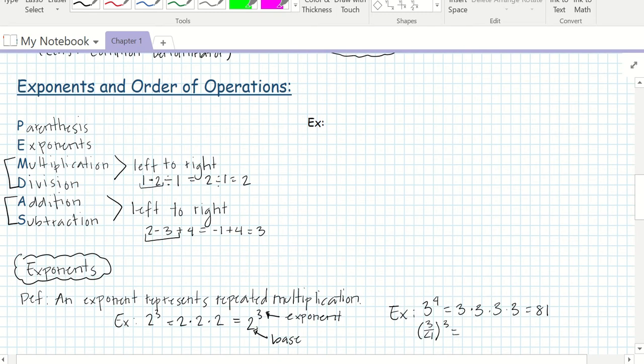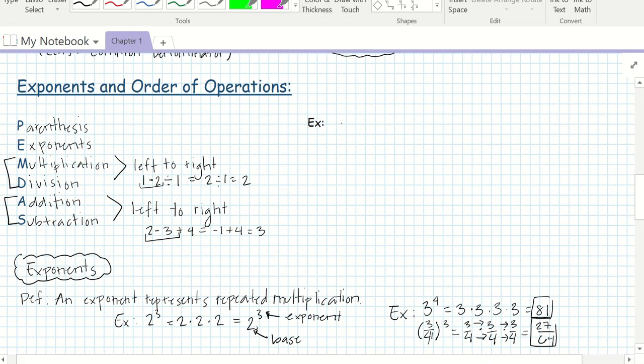It doesn't mean that we're going to do 3 times 3 or 4 times 3. No, it means that we're going to do 3 over 4 times 3 over 4 times 3 over 4. And then we multiply across, right? Because these are fractions, we multiply numerators and denominators. So 3 times 3 times 3 is 27 over 4 times 4 times 4, which is 64. But those are multiplications. Again, they just tell us how many times we multiply a value by itself.